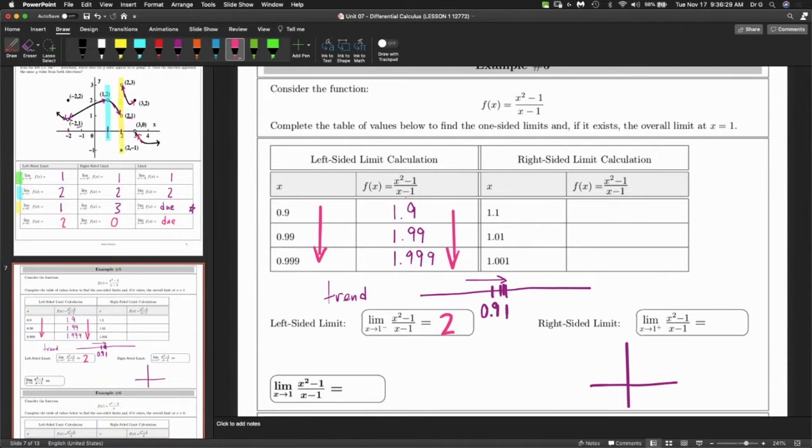Probably your safest bet. If you're not getting it, otherwise you have to put brackets and then you divide with brackets like that. So make sure you put lots of brackets, okay? But yeah, just for starters, just type them separately. So as you travel along this curve, you actually get closer and closer to 2.